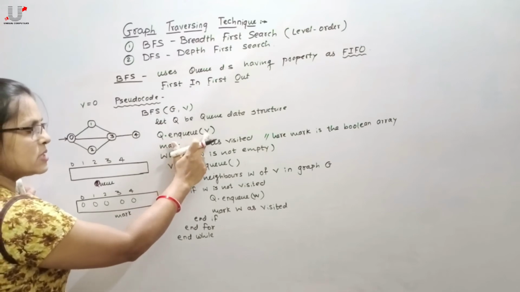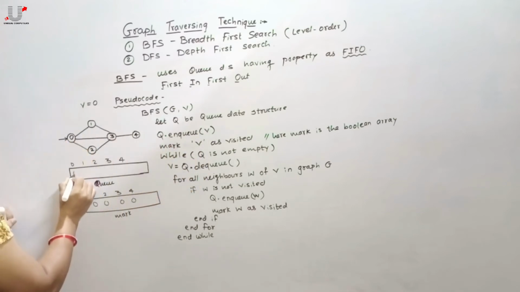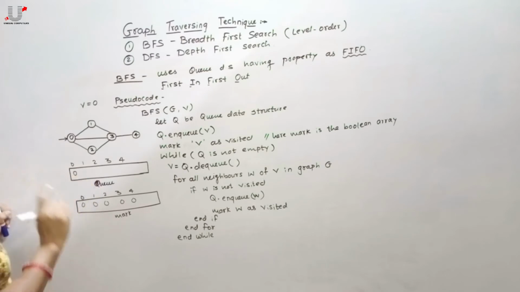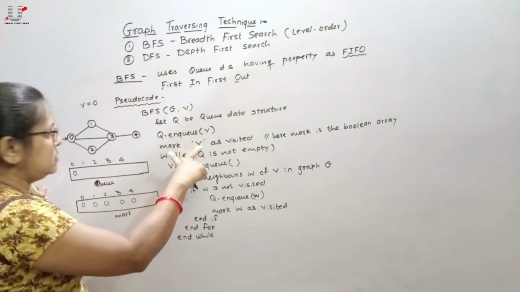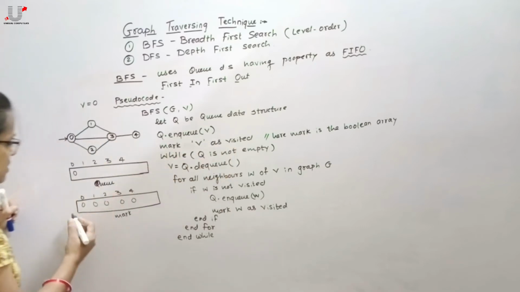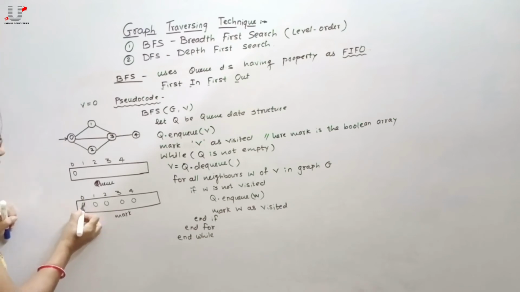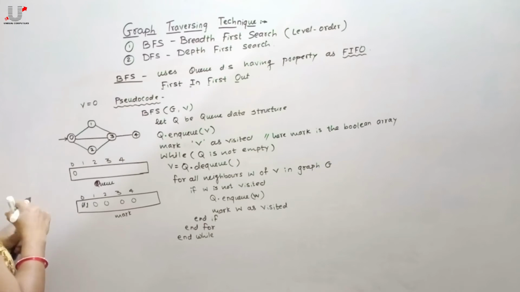So insert that starting vertex V into the Q, so 0 gets inserted in the Q. Then mark the starting vertex 0 as visited, so change the status from 0 to 1.